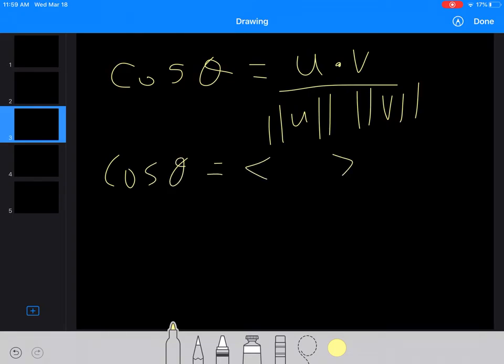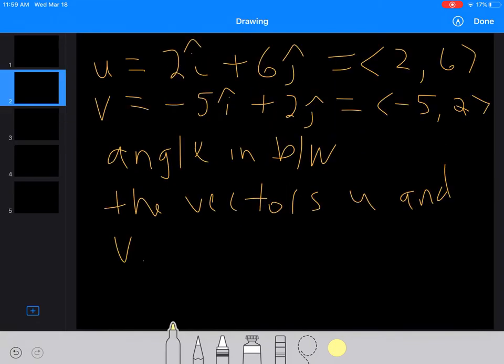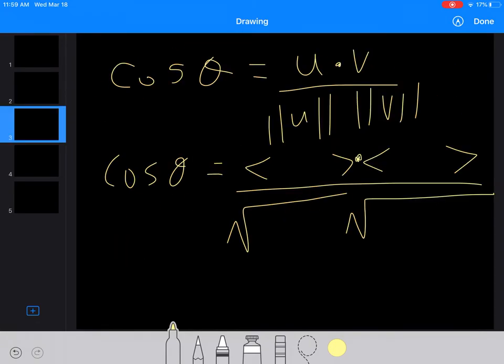So we'll just write them in component form. All right, so it's 2, 6 and negative 5, 2. So remember the magnitude is the first term squared plus the second term squared of each vector.